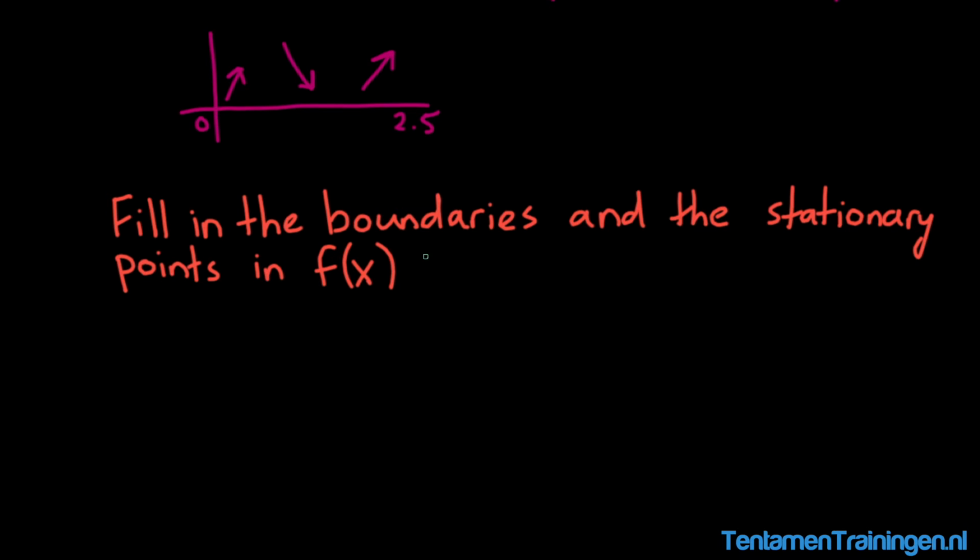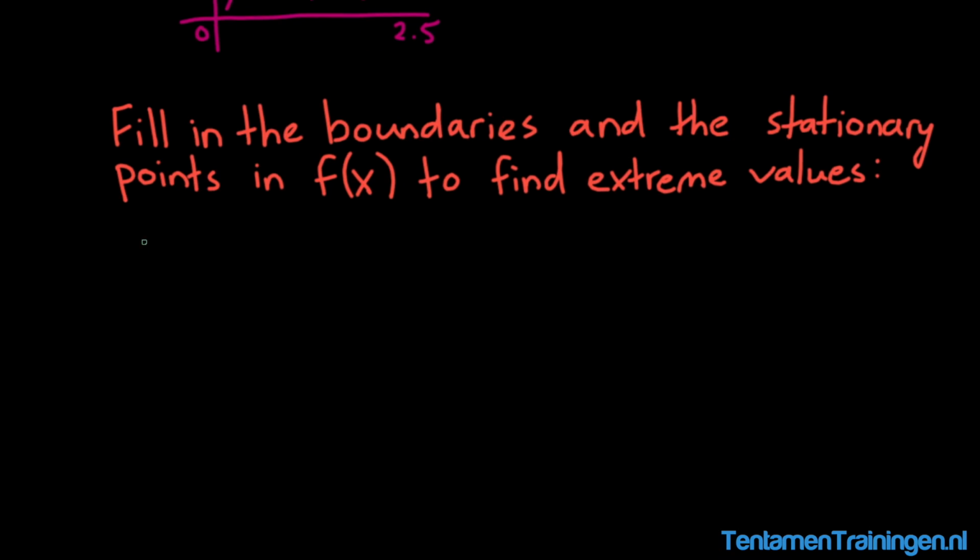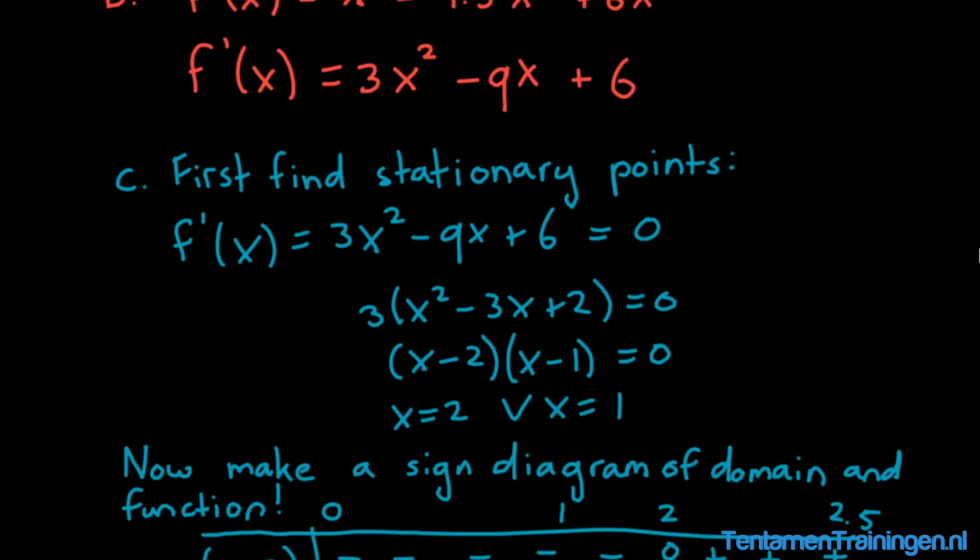So fill in the boundaries and the stationary points in the function f(x) to find extreme values. You always fill in the boundaries as well as the stationary points, because the boundaries might as well be extreme values.